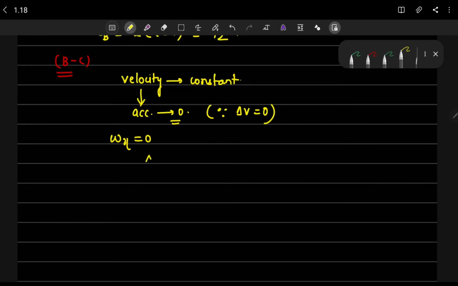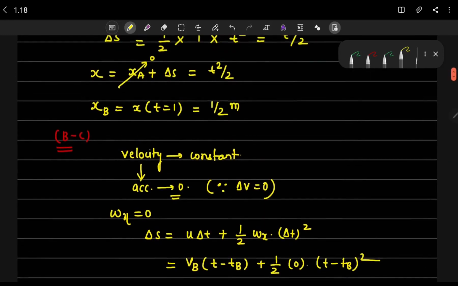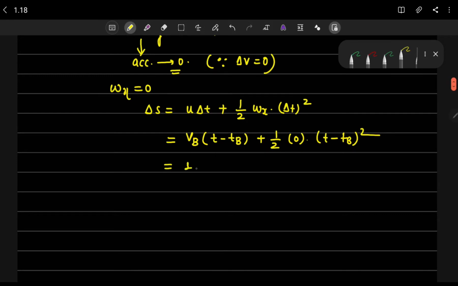The displacement is u delta t plus half wx delta t whole squared, where the initial velocity is vB into (t minus time at point B) plus half into 0 into (t minus time at point B) whole squared. The velocity at B is 1 meter per second, and the time instant at point B is 1, so the displacement is t minus 1.